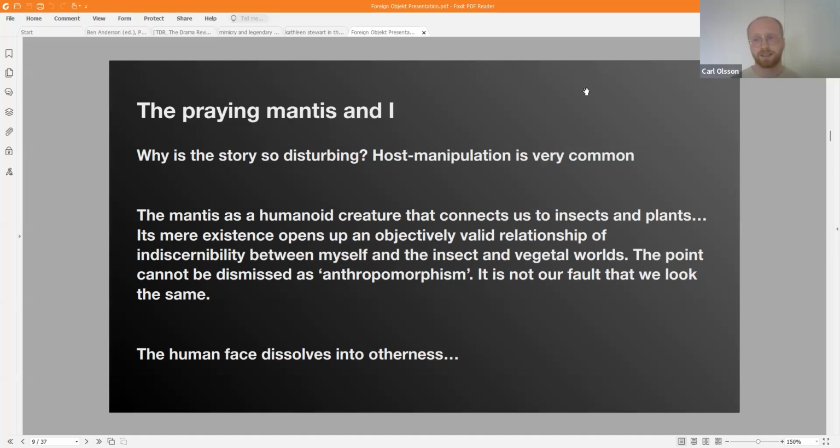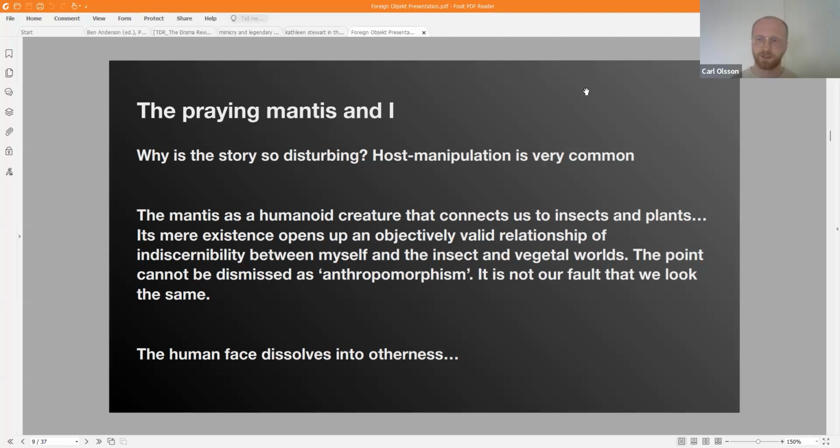This is one of Caillois' points, which I think he makes way before someone like Dennett, when he talks about the design space. This is not really a point of anthropomorphism. Precisely, it's not our fault that we look the same.